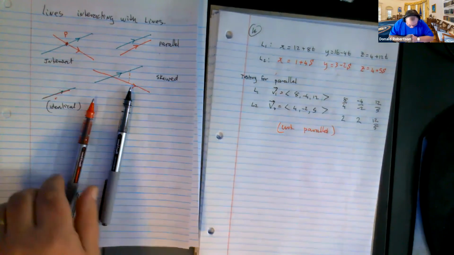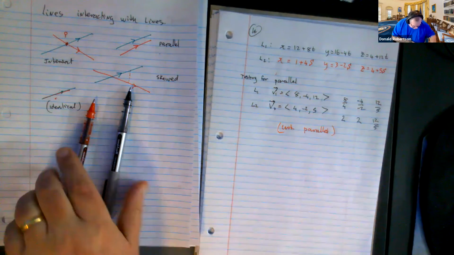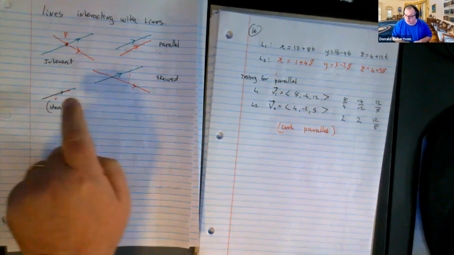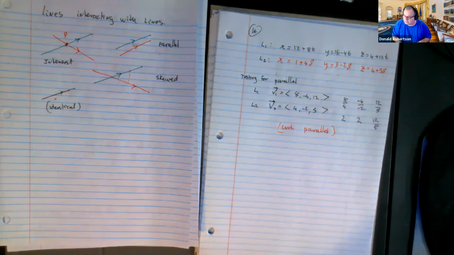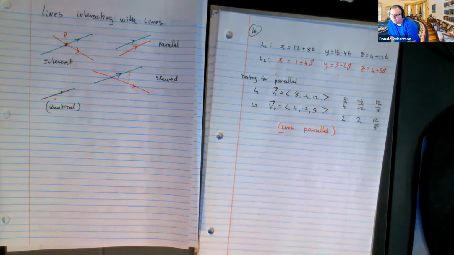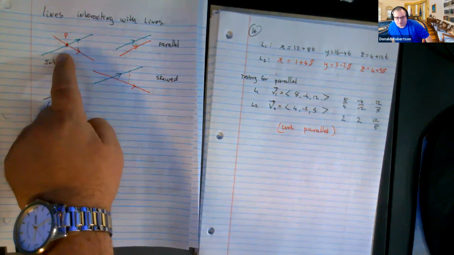Now we need to move on to, okay, we've still got intersection, skewed, or identical, right? We've still got those guys. Although now that I've thought about it, can I also kick out identical? Because if you're identical, wouldn't you also be parallel at the same time, right? So we're now left with only the intersect or the skewed, right?